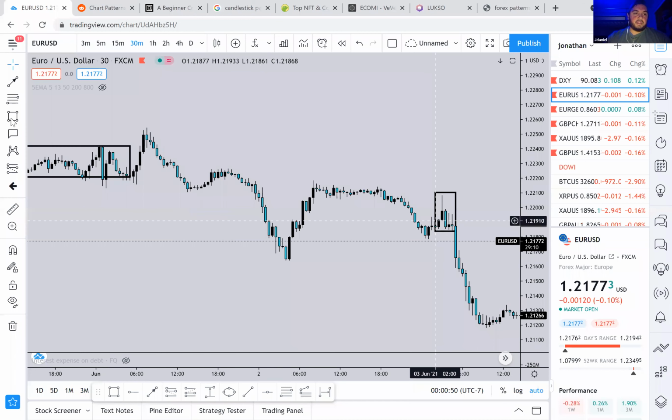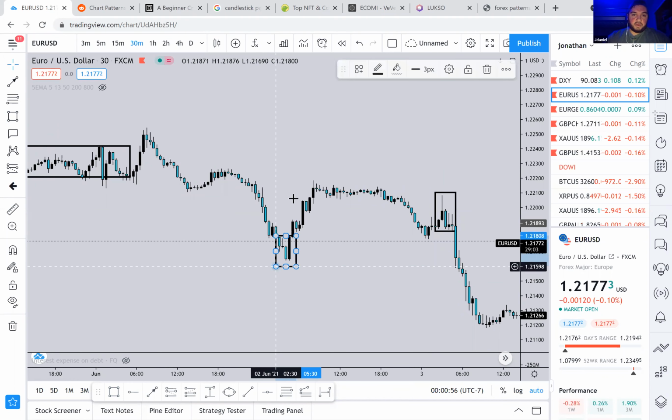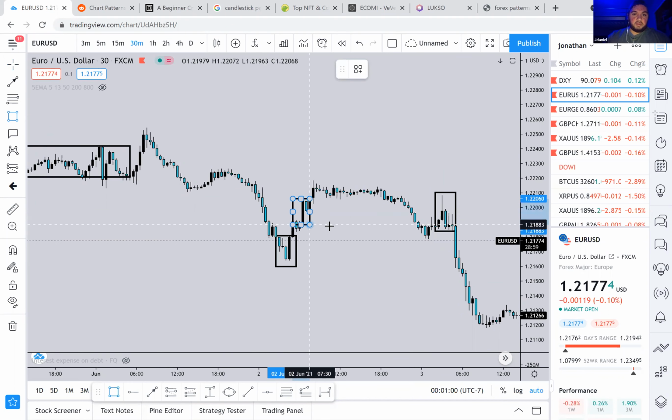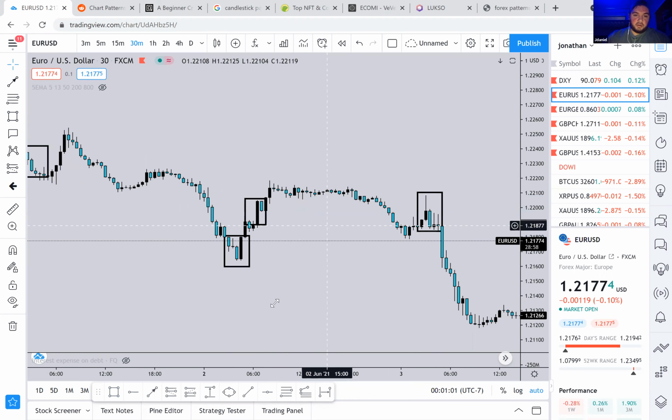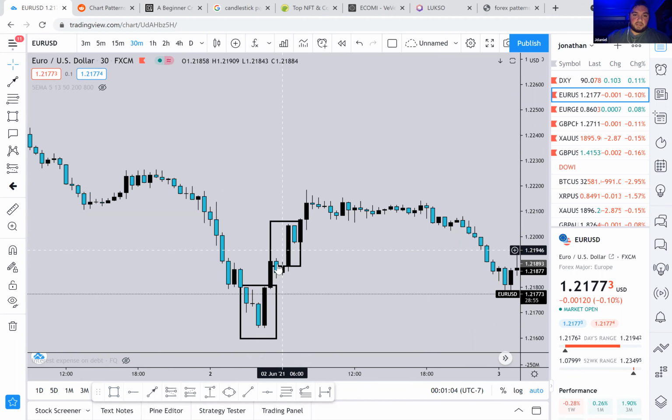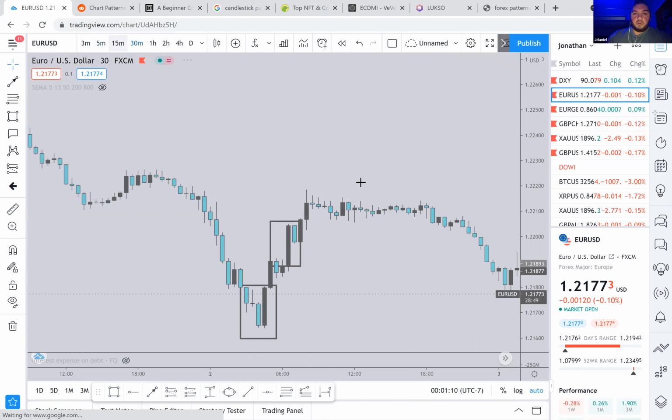Okay, and then we have things like this where we have a bullish engulfing, another bullish engulfing above this one. What's funny is these two here, this 1, 2, 3 plus this 1, 2, 3 here, are going to be flag patterns on a 5-minute time frame.